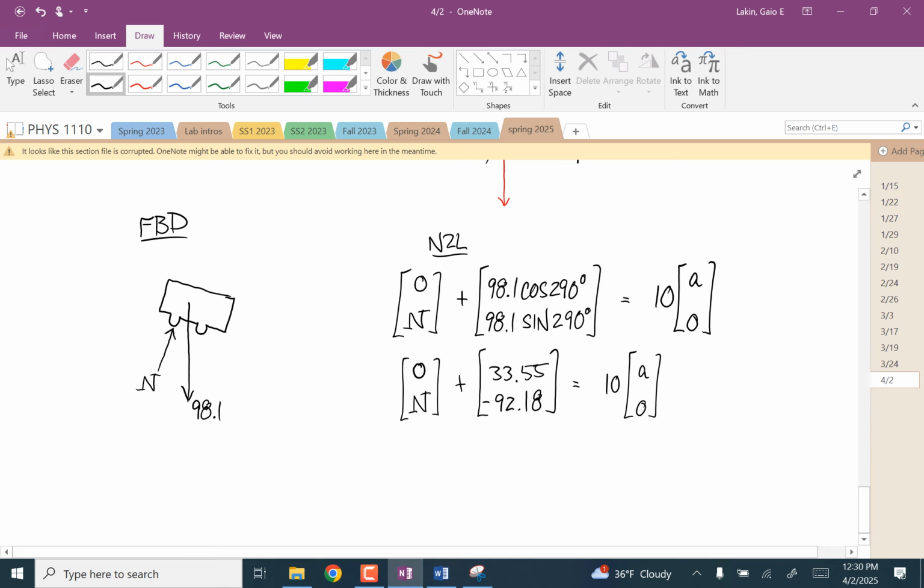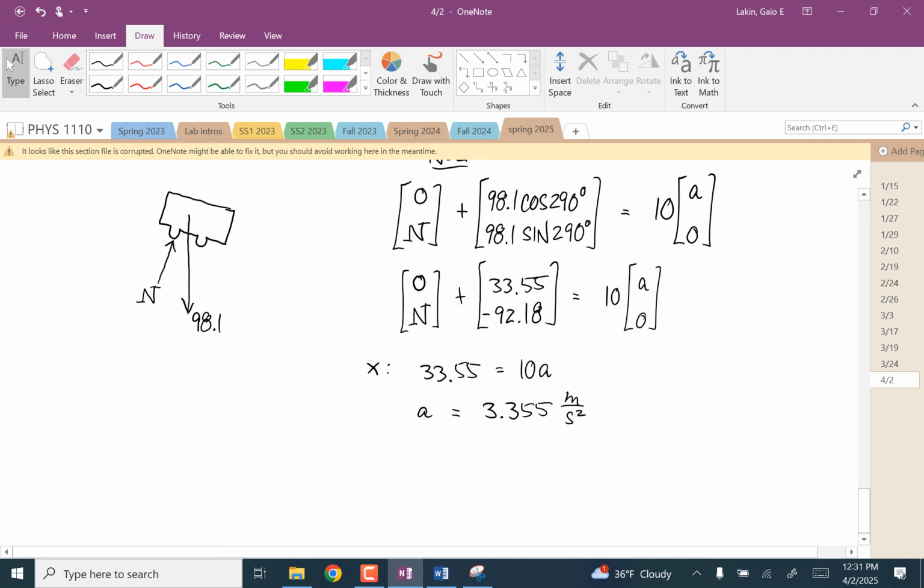We're trying to find this acceleration vector that we know is a, 0, which means the only thing we have left to figure out is the value of a, and then we can plug it in there. So all I have to use is the x component of this equation. And that says 33.55 is equal to 10a. And so a is equal to 3.355 meters per second squared.